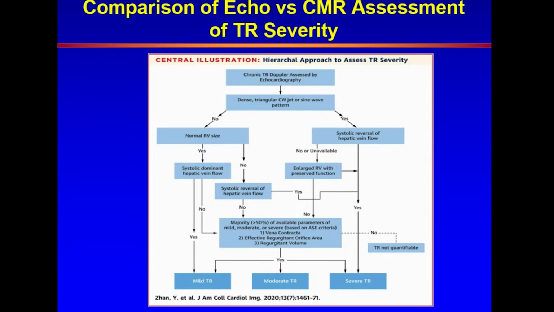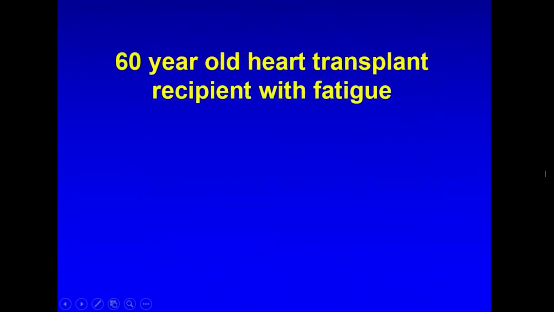So we look at some things at a time, and because of the high specificity of that triangular CW signal, we said this could be the starting point, and if not present, then go down to RV size and systolic reversal, and if it is present, then just look to confirm TR is severe by one more signal, and if that is the case, then we put the patient in severe TR.